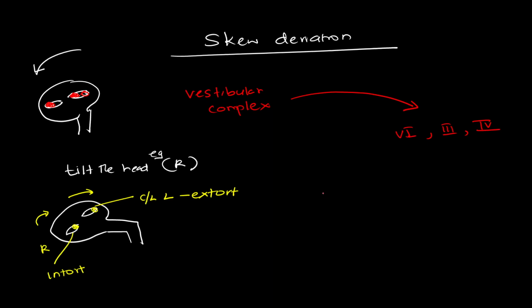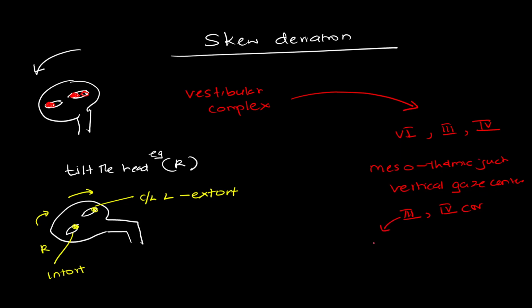So initially, in the midbrain, at the mesodiencephalic junction, you get the vertical gaze center, which comprises the nuclei of the third and the fourth cranial nerve.